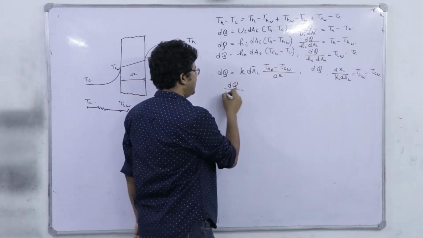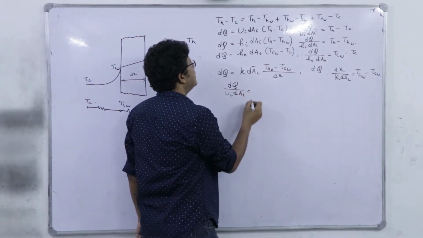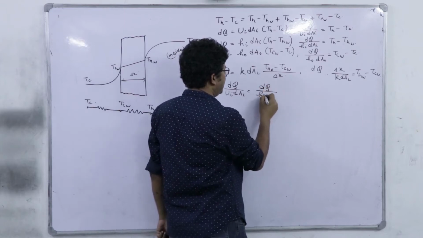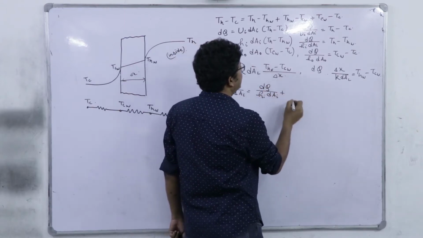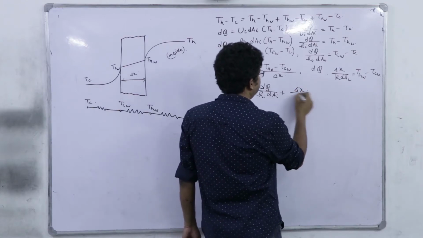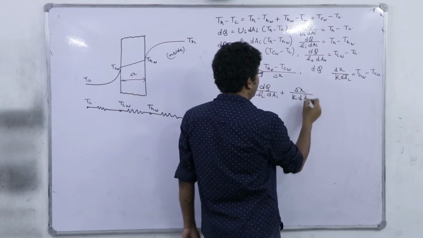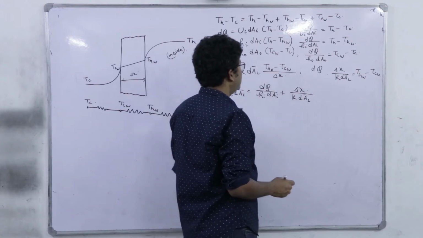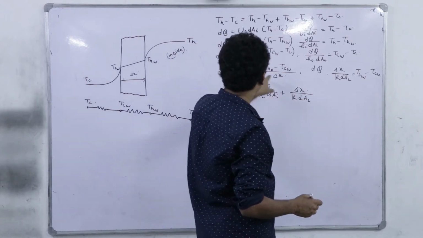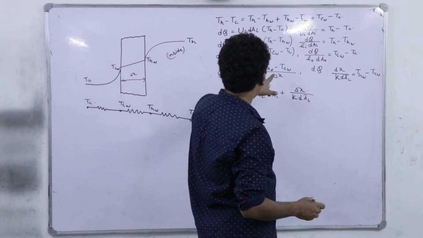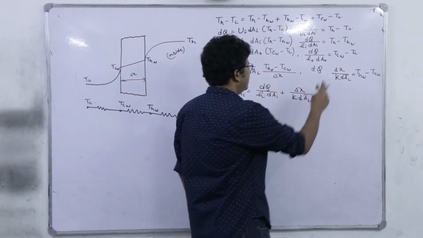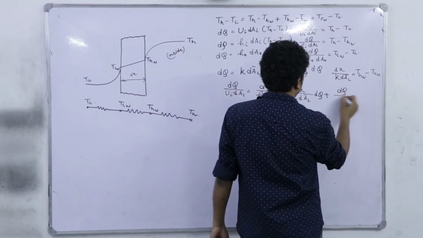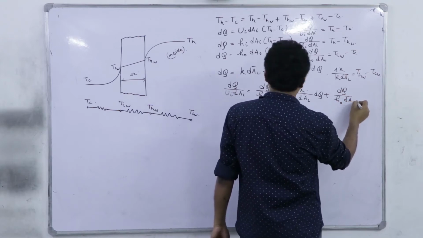So dQ divided by UI dAI is equal to TH minus THW, that is dQ divided by HI into dAI, plus delta x divided by K into dAL bar into dQ, plus dQ divided by HO into dAO.